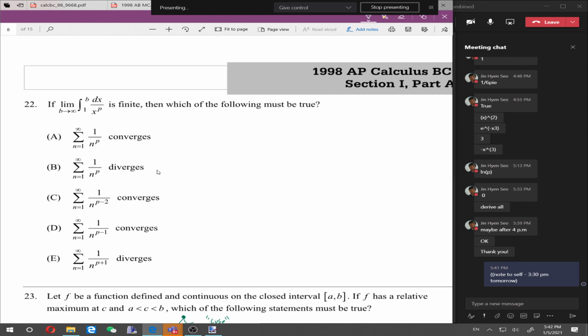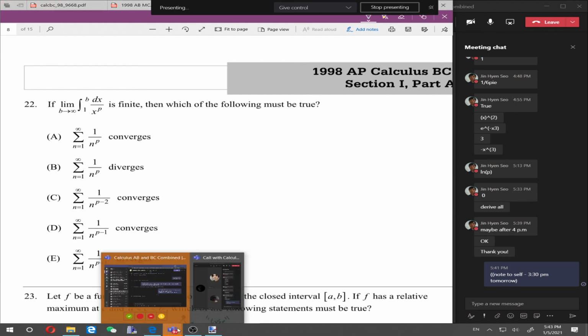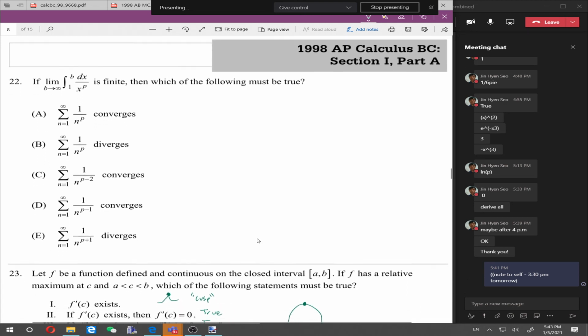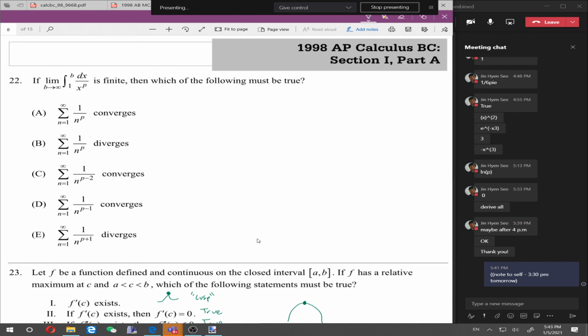So if we have a set answer for our integral, then what must be true? Eric, what do you think?